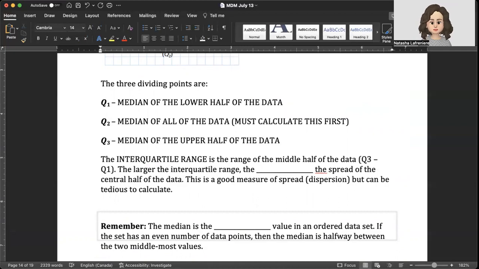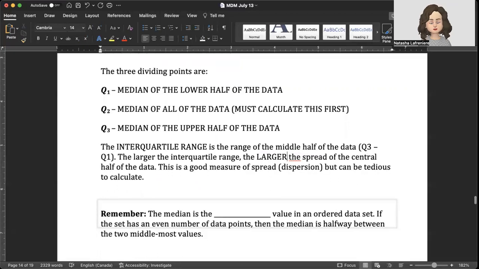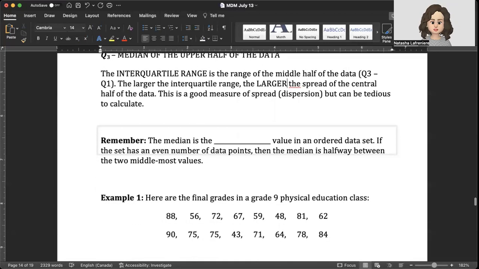The larger the interquartile range, the larger the spread of the central half. So this is a good measure of spread or dispersion, but can be tedious to calculate. So remember, the median is the middle value of an ordered data set.